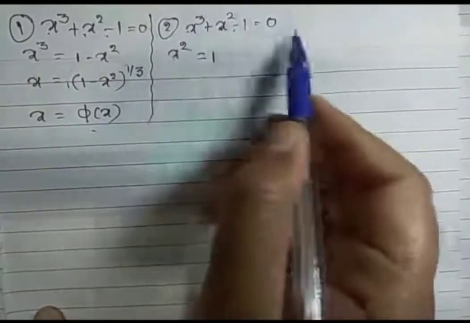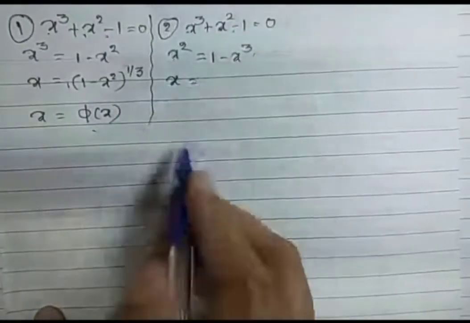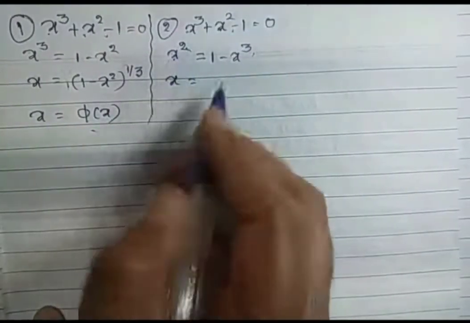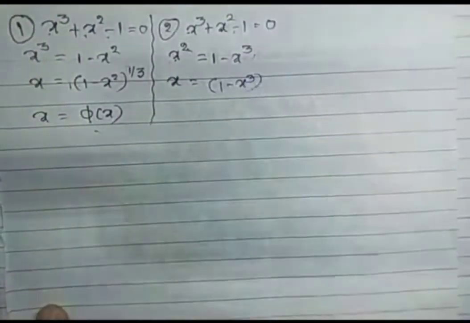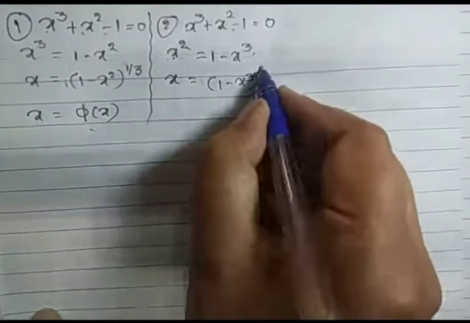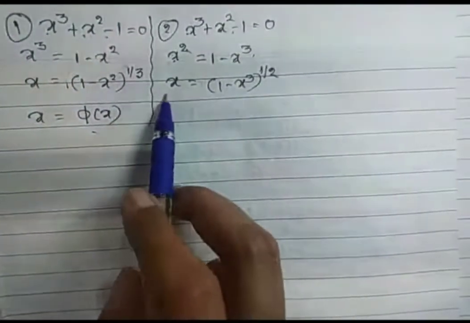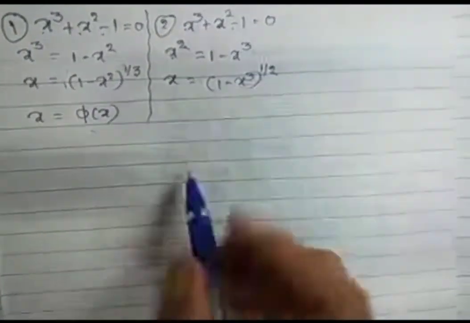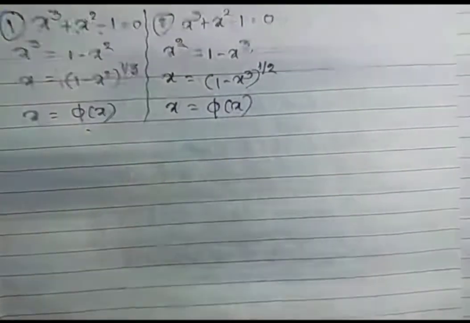Take plus x cube to the right side, minus x cube. Then what about x here? X square is there. To write x, we get the square root of 1 minus x cube. That square root we can write as 1 divided by 2. So here the other form is x is equal to 1 minus x cube raised to 1 by 2. This is again one more form of pi of x.